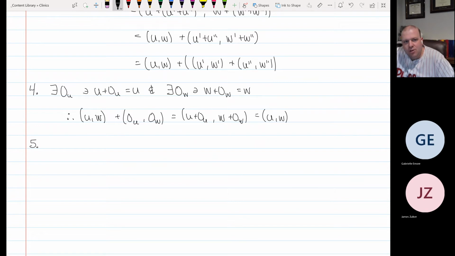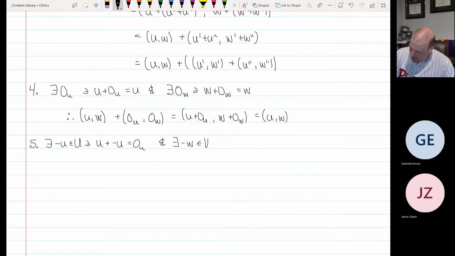Additive inverse. Well, again, U is a vector space, so there has to exist some negative U in U such that U plus negative U is the additive identity in U, right? And then likewise for W. So again, why not just take the additive inverse in V to be that ordered pair?